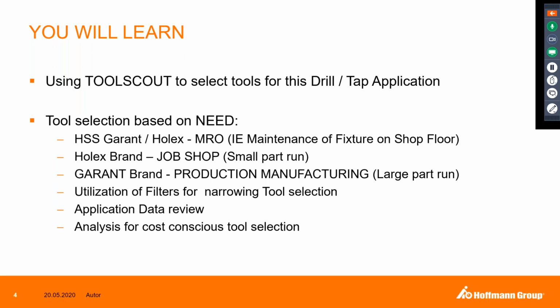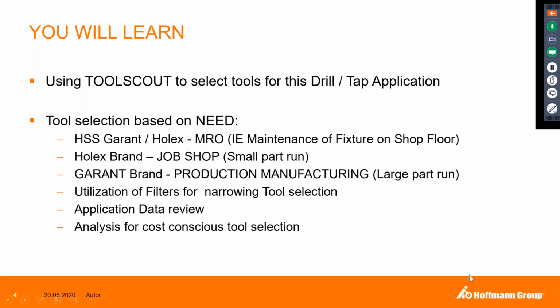Another scenario would be a job shop where we have a small part run with this feature. Another scenario would be a manufacturing engineer looking to make a lot of holes and a lot of threads and looking for the most cost-effective solution.